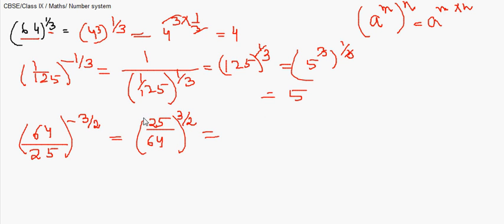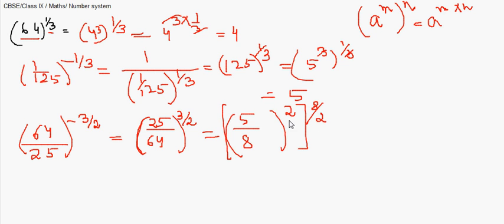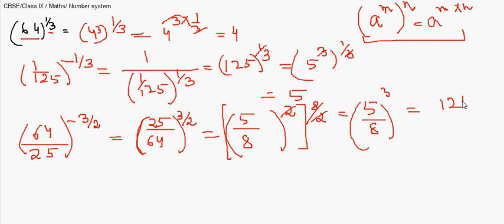So within the bracket we try to find whose squares are 64 and 25. It becomes 8 upon 5 whole squared, and then the outside power becomes 3 by 2. Thereby these become m and n in the formula, so the 2 gets cancelled. It is 8 by 5 whole cubed, so the answer is 512 upon 125.